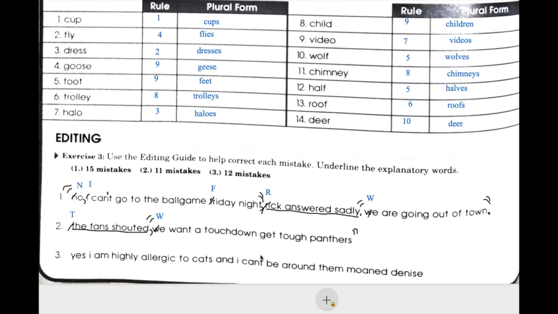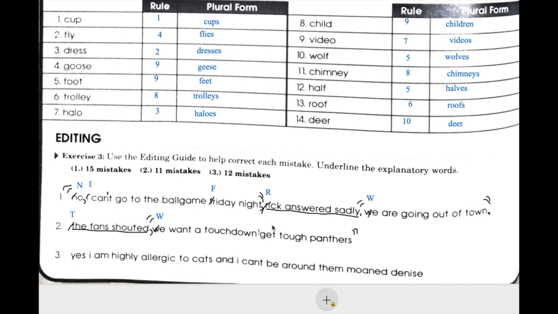want a touchdown. This is the end of the sentence. And it's showing strong feeling, so let's put an exclamation point there. Move that down a little bit. There you go. Get tough Panthers.